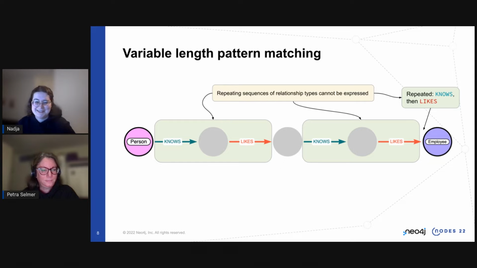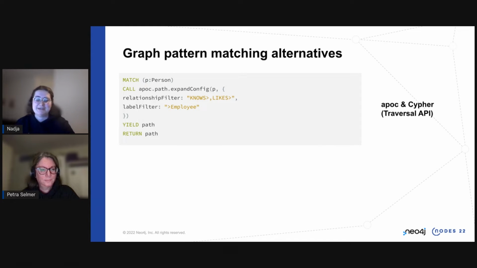A last example that we can't express is if you actually want to repeat things that do not consist of a single relationship type. So in this case, perhaps you would like to have a repetition on a nodes relationship and then a likes relationship. And the way we can solve this currently in Neo4j is by using the APOC procedure apoc.path.expandConfig.